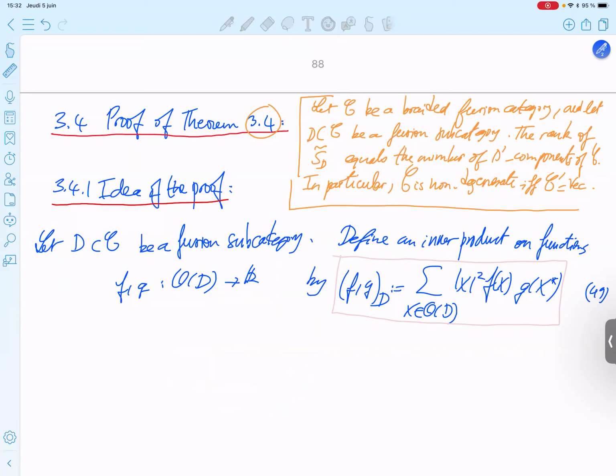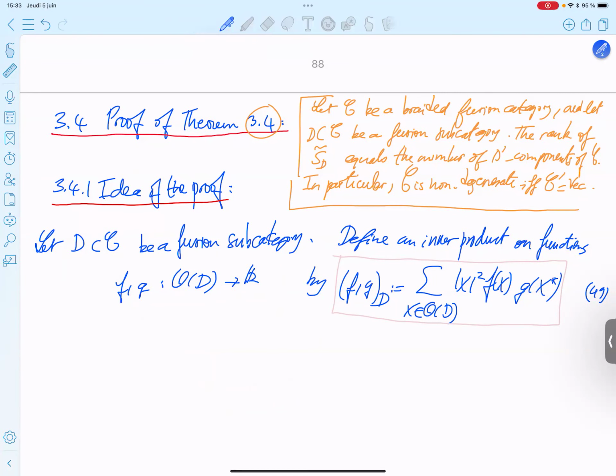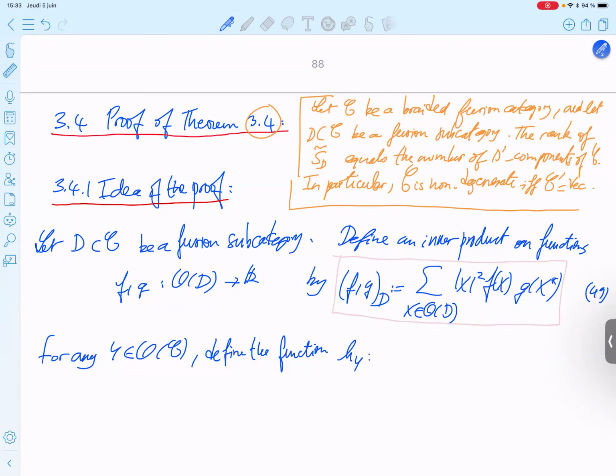Okay. Then we will consider a specific function coming from the S-tilde matrix. One column of the S-tilde matrix will provide this kind of function. For any y simple in C, define the function h_y as before, using the S-tilde matrix like that.